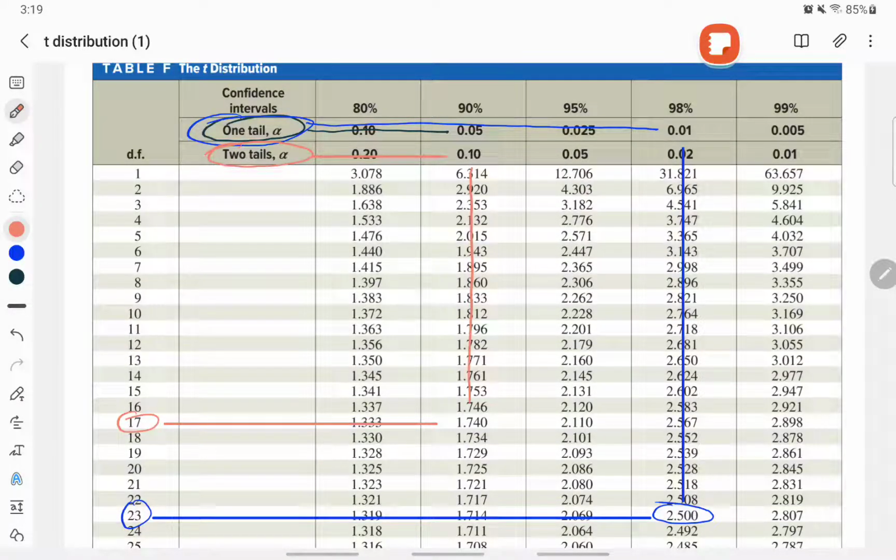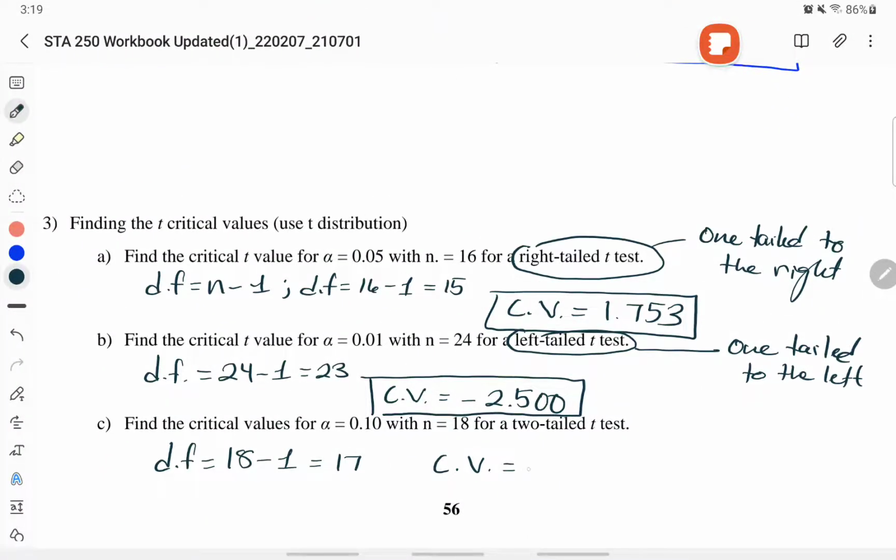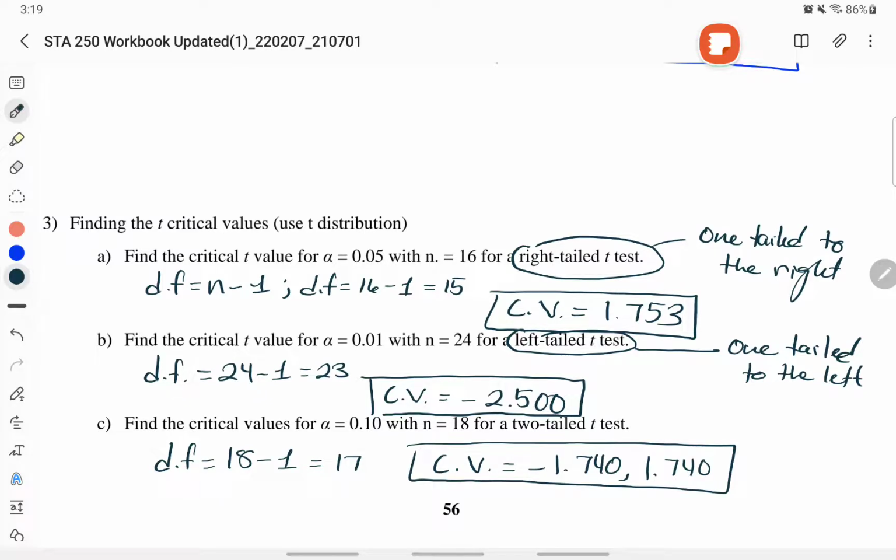So that is going to be 1.740. But the critical values will be both negative and positive. So it's going to be negative 1.740, positive 1.740. And if you want to, you could have put positive negative 1.740. Same thing.